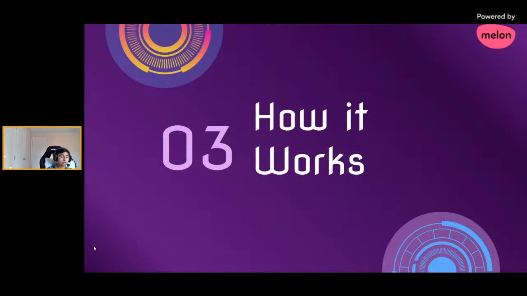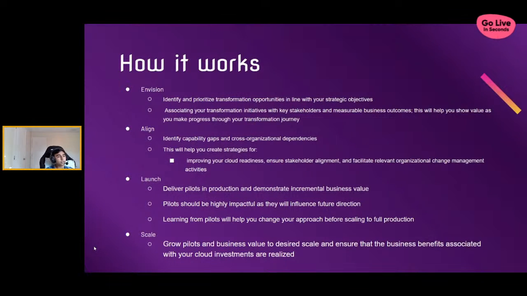Now let's talk about how CAF actually works. We have four main ways on this slide: envisioning, aligning, launching, and also scaling.